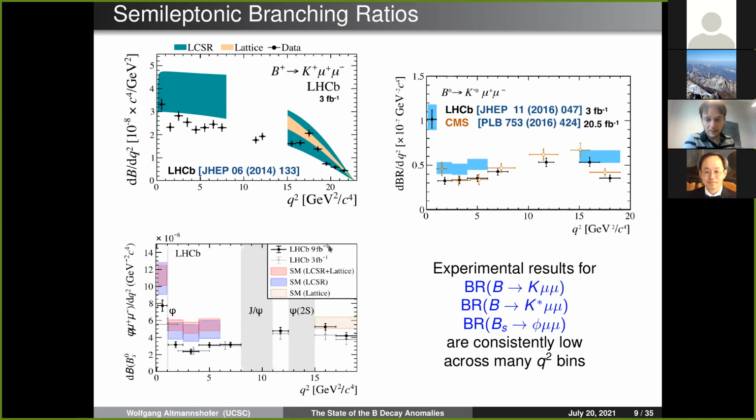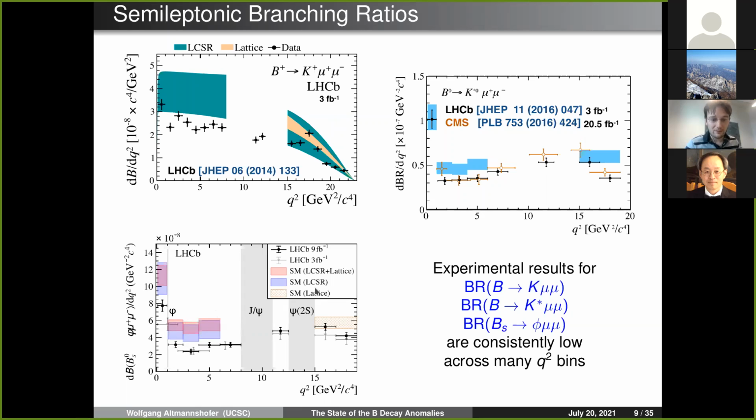This B_s to phi mu mu measurement is actually something very recent that just came out a couple of months ago. And just to highlight again what I just said, the size of this discrepancy depends crucially on what one assumes about the standard model prediction.